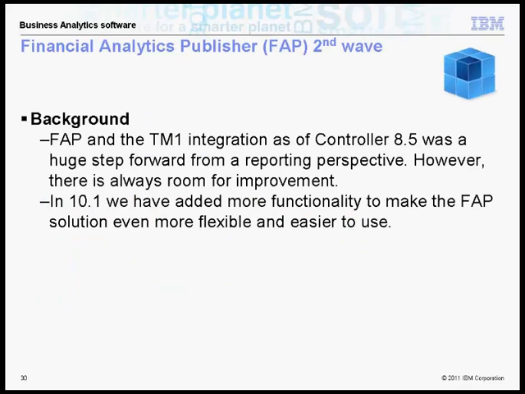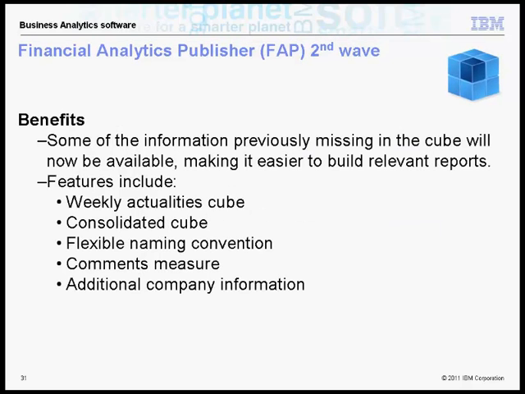So this was introduced in Controller 8.5. It was a fairly substantial step that we took in terms of offering a whole new area of functionality. And as you would expect with any new functionality, this is set to evolve. And the first wave of evolution, the second wave, it comes with 10.1, where we've added some functionality to the initial FAP offering.